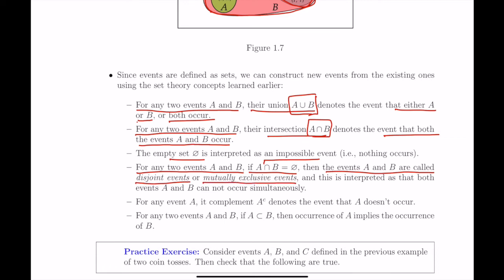And this is interpreted as both the events not occurring simultaneously. All right. If you think about a coin toss, either head occurs or tail occurs. You will never see both occurring simultaneously. So if A is an event of heads occurring and B is an event of tail occurring, they are mutually exclusive.